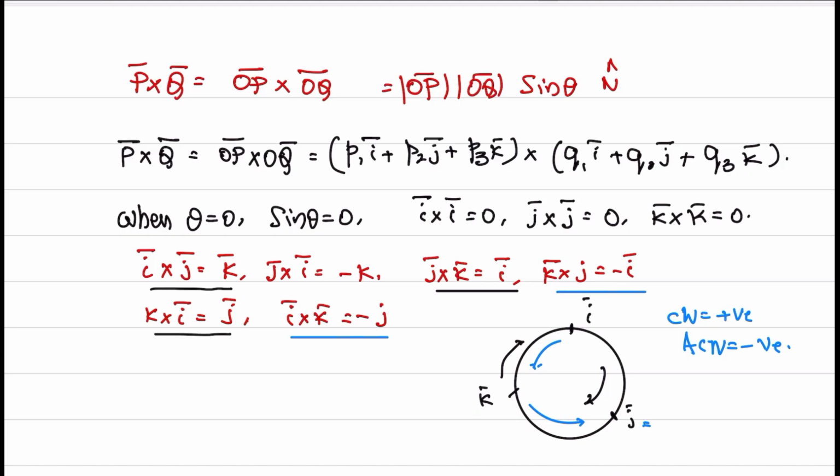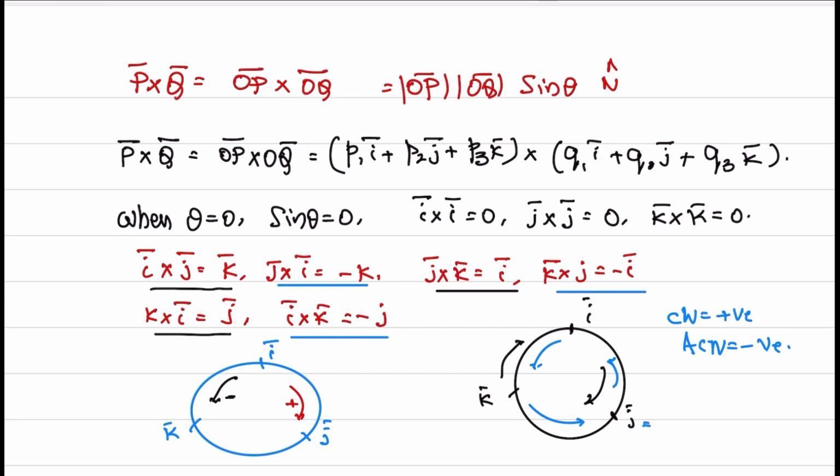And something from j to i is in this direction. Clockwise is positive, i j k. You remember this circle? You put i here, j here, and k here, and the clock direction is the positive direction. Positive is clockwise, and if the multiplication is in the reverse direction, anti-clockwise, it is negative.